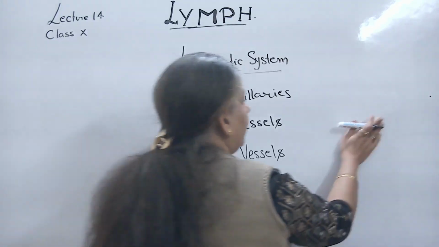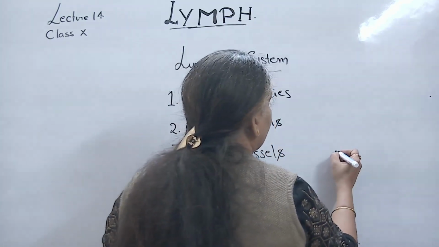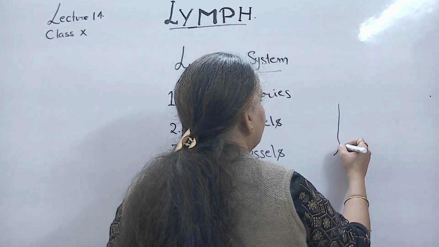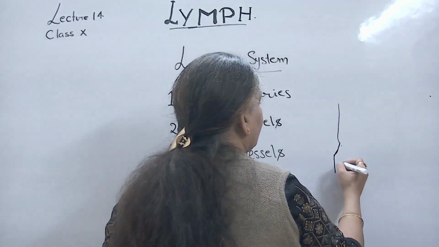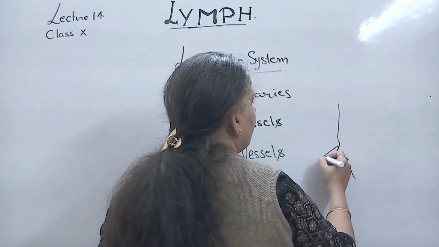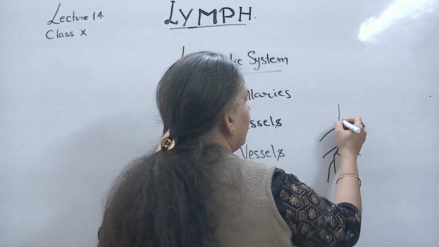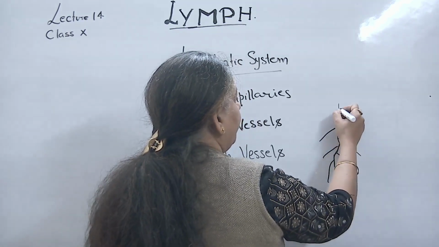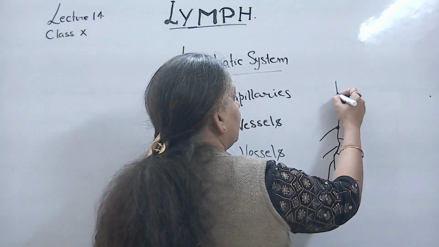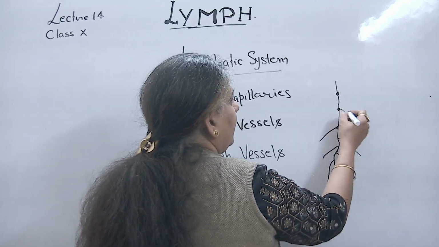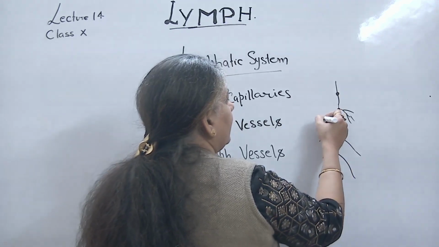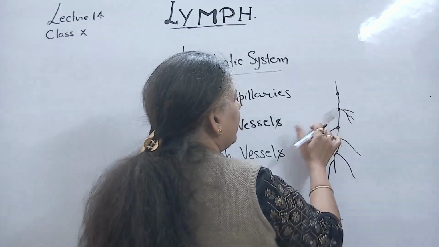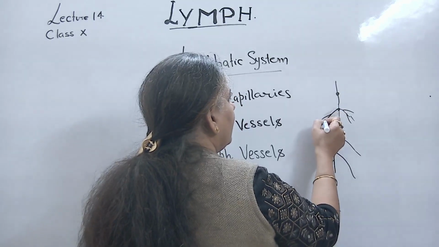So it is somewhat like this. These are the lymph vessels. And these have nodes at different intervals. And these are the lymph capillaries which join to form lymph vessels.